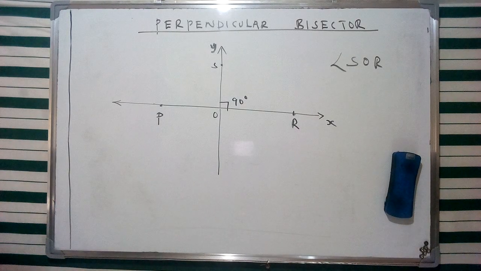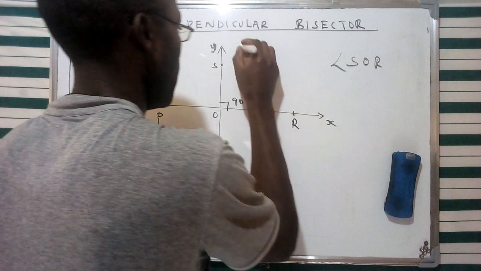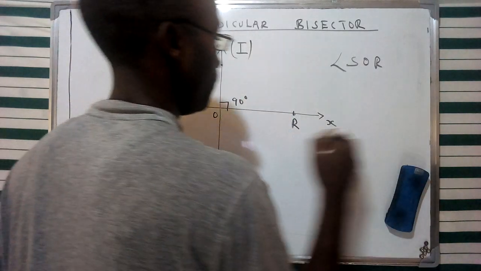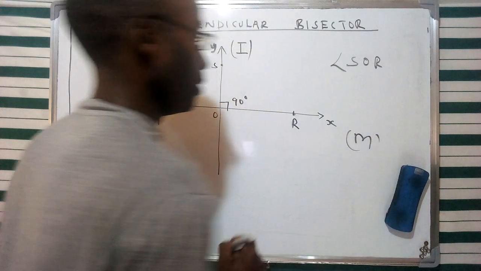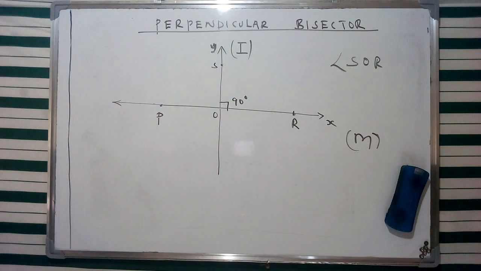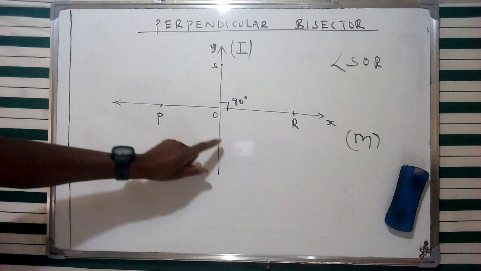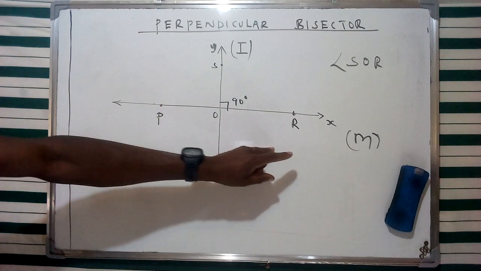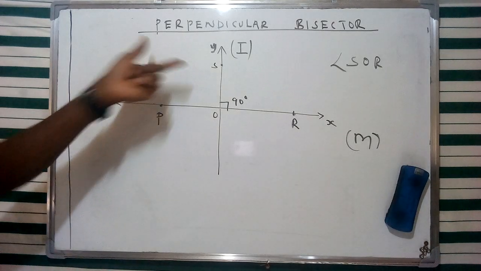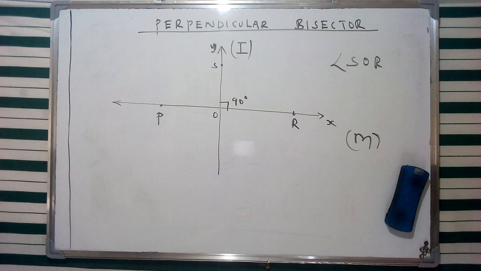Going to be a lot of notation, but take note of this. Let me give them as I and M to differentiate between these other notations. So I can describe line I as a perpendicular bisector of line M using this specific illustration.